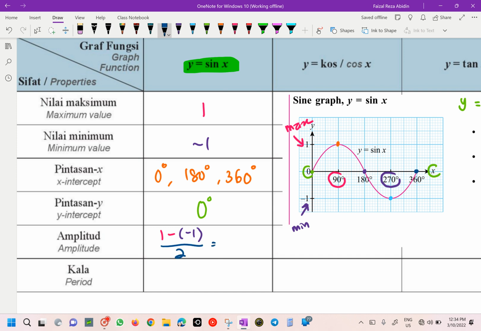What will you get? That's your amplitude. So it depends on what? The amplitude is going to depend on the maximum and the minimum value. If our maximum and minimum value is going to be changed over here, so our amplitude is also going to change.